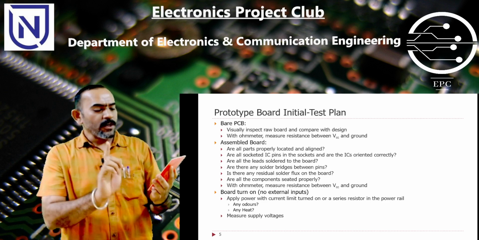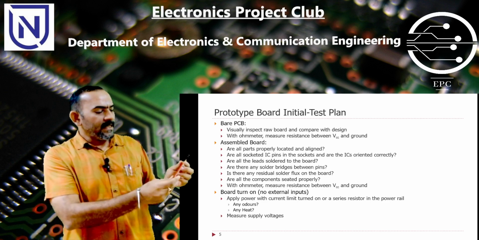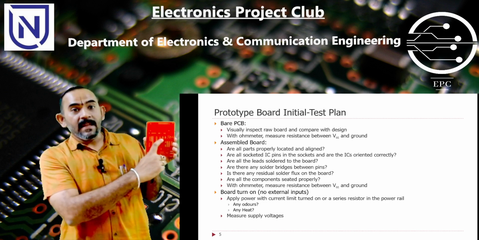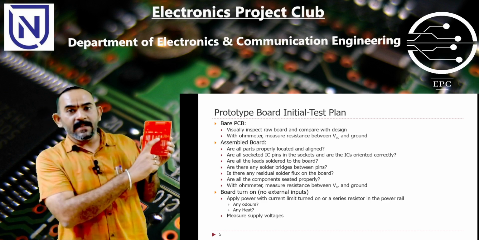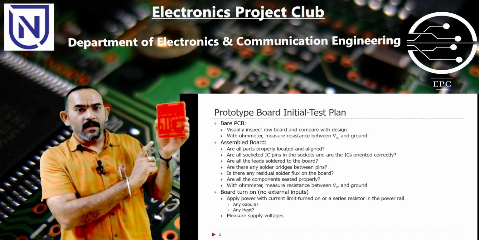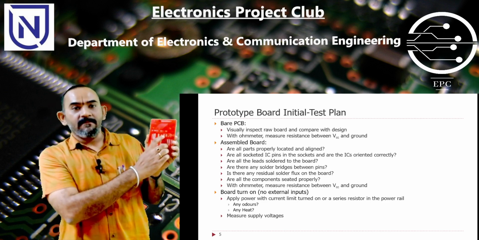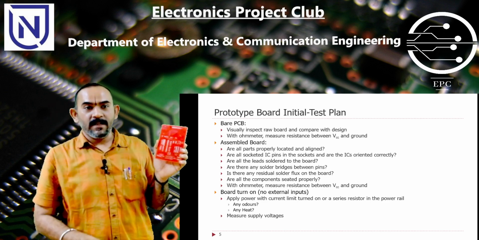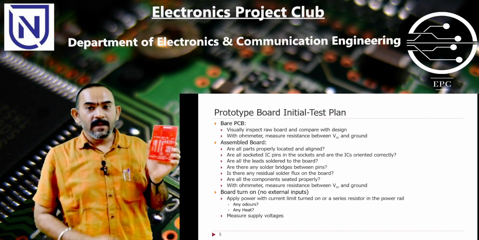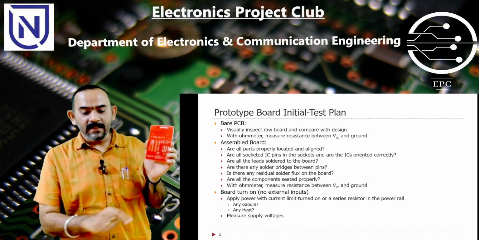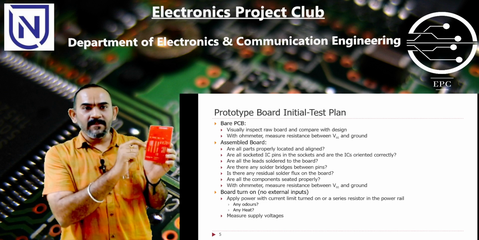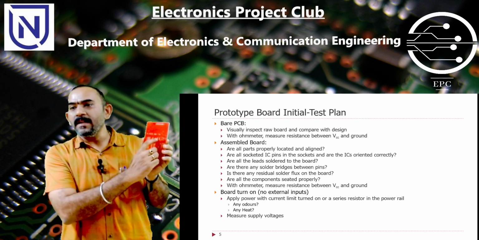One common mistake that can happen is, see here, wherever I have a component being placed, this is a through hole board. You have a pad here where you are going to solder the component. One common mistake is that the silk screen you have given sits on top of the component pad.